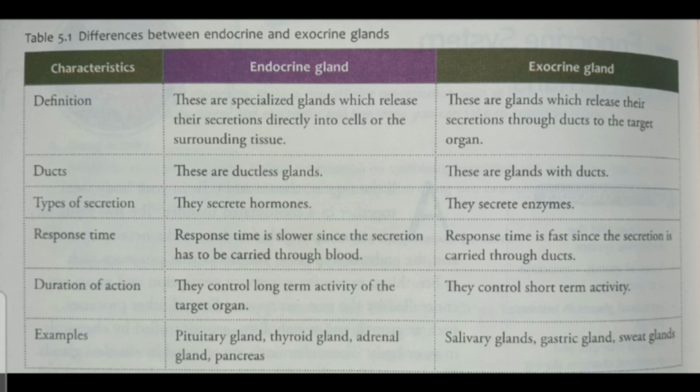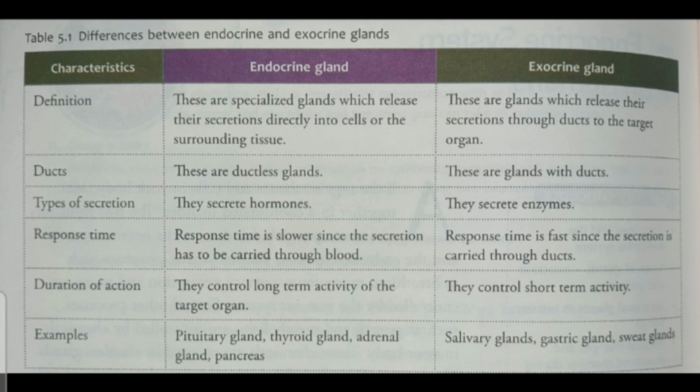Okay. So the next point will be the examples. From the pituitary gland, the growth hormone is produced. This is also one endocrine hormone. From the thyroid gland, thyroxine is produced. From the pancreas, insulin and glucagon are produced. From the adrenal gland, adrenaline and noradrenaline are produced.